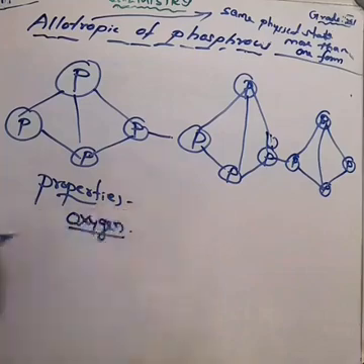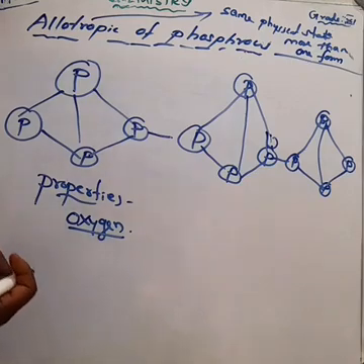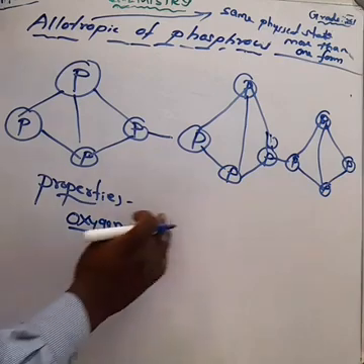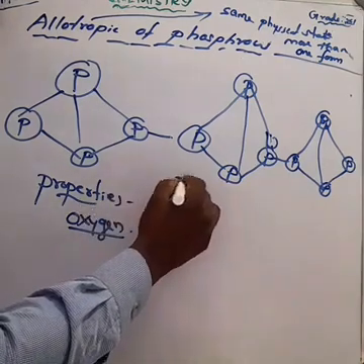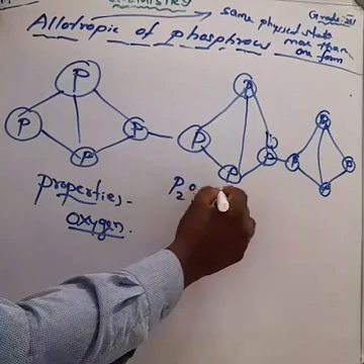Yellow phosphorus readily catches fire in air, giving dense white fumes of phosphorus pentoxide. Red phosphorus also reacts with oxygen. We get phosphorus trioxide and also phosphorus pentoxide, the two important products.